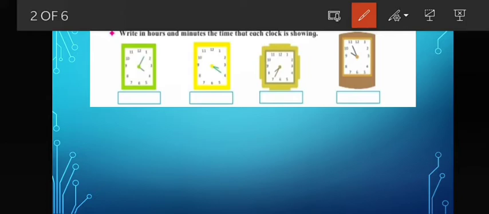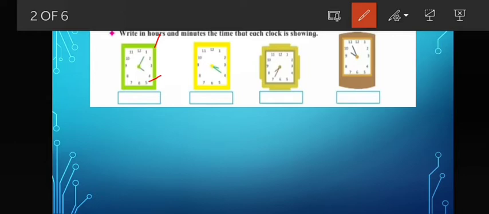In the first clock, first you have to identify which is hours hand and which is minutes hand. Sorry children. See, the hours hand is at 4 o'clock and the minutes hand is at 1's place. If the minutes hand is at 1's place, it means 5 minutes.